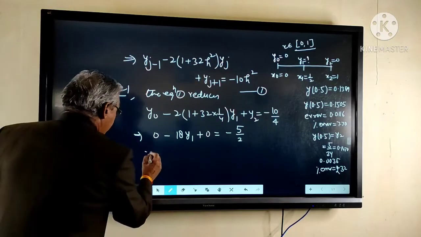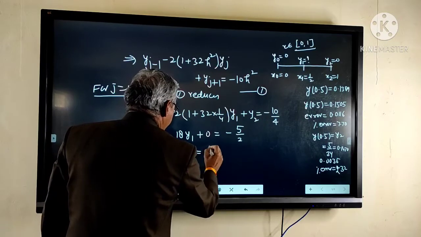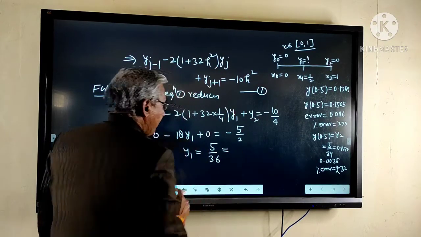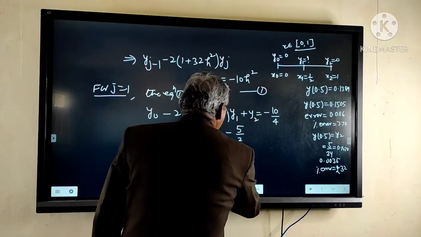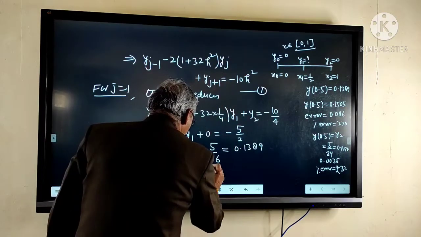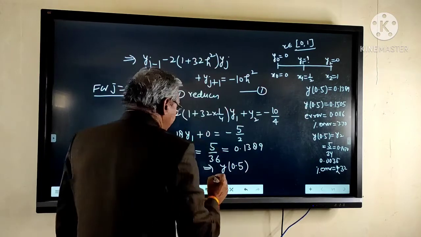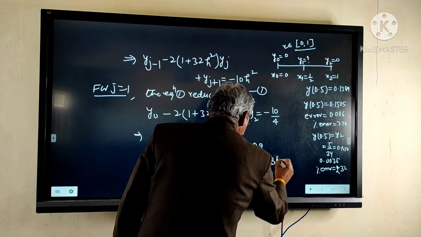So y1 equals to 5 upon 36, which is 0.1389. So the value of y at x equal to 0.5 is 0.1389.